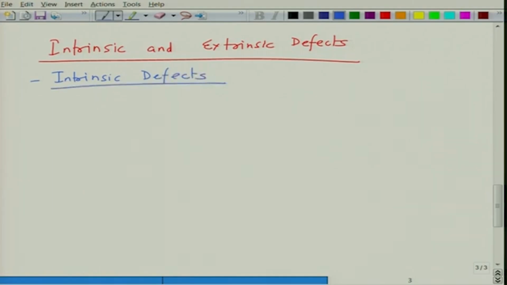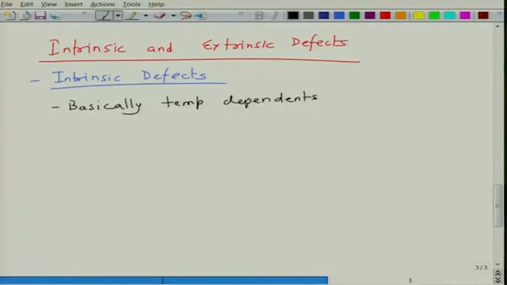The intrinsic defects are the ones which are basically temperature dependent, and which form in the solid intrinsically. There is no external variable such as oxygen deficiency, oxygen excess or impurity or whatever. So, basically it is temperature dependent.